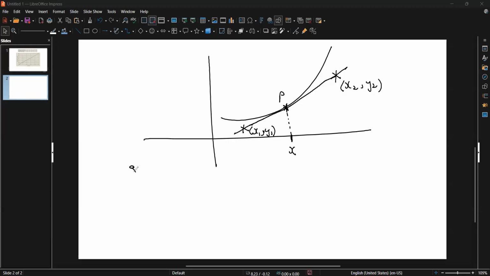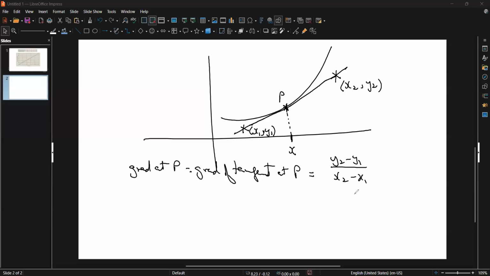And the gradient at P is equal to the gradient of the tangent at P, right? Which is equal to y2 minus y1 over x2 minus x1, right?